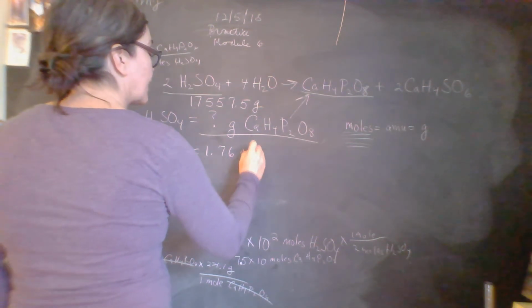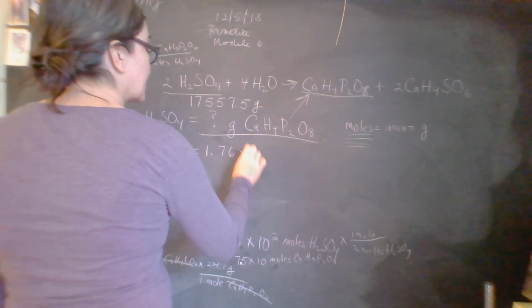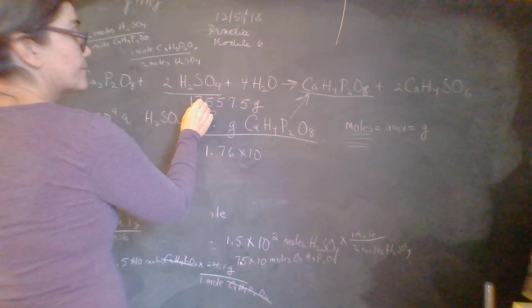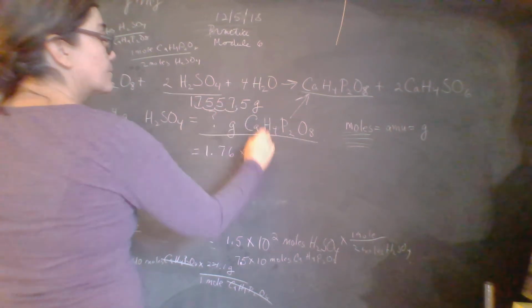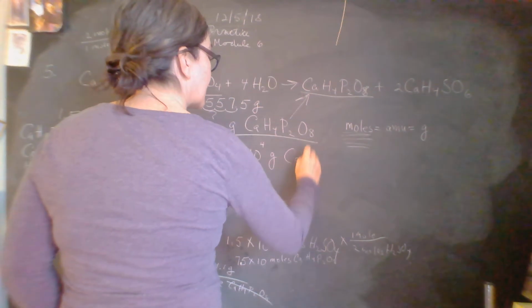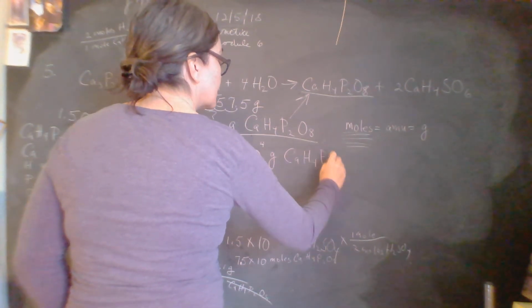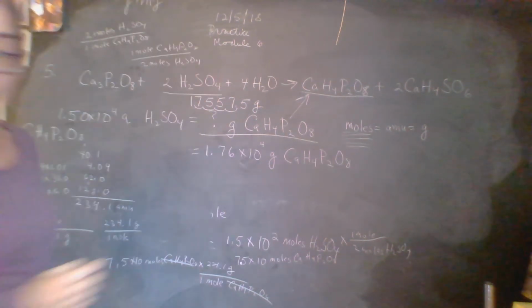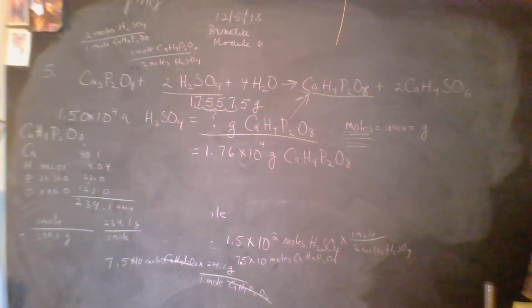1.76 times 10 to the what? 4. 10 to the 4th grams of CaH4P2O8.